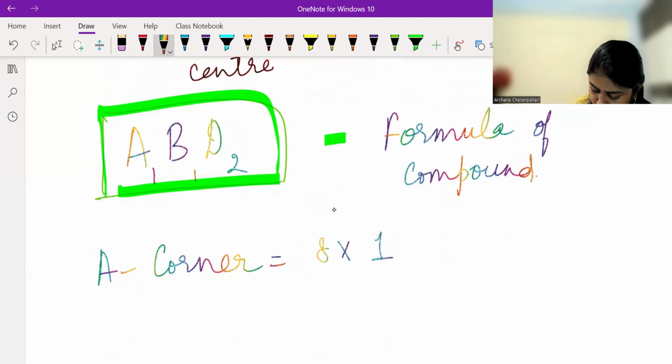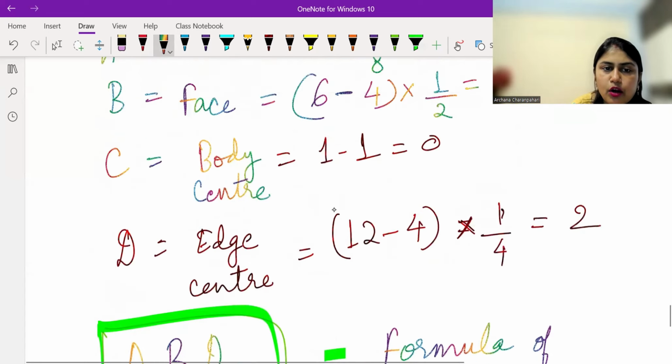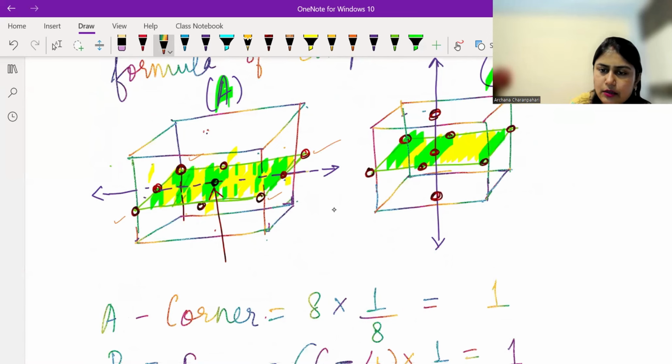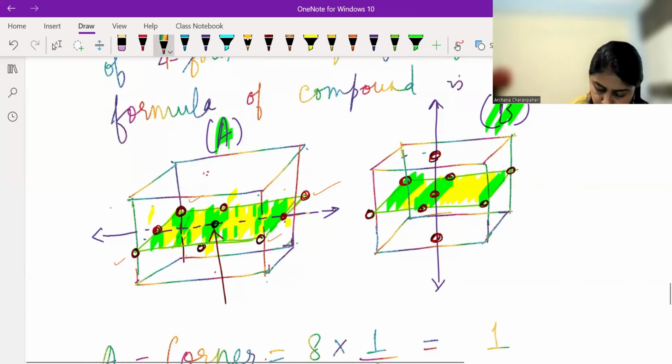So 8 into 1 by 8 equal to 1. Now B is what? Face center. So how many atoms are at the face? 2 atoms are there in the face here. Let me count it. 2 atoms are here. Then 1 atom is here. 2 plus 2, 4.